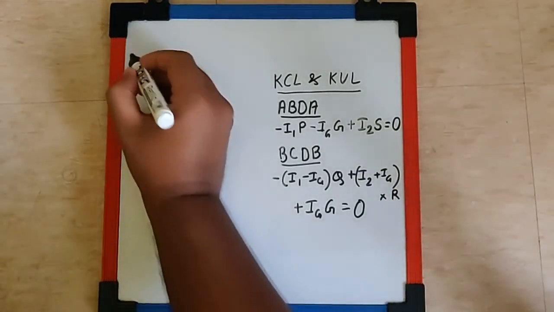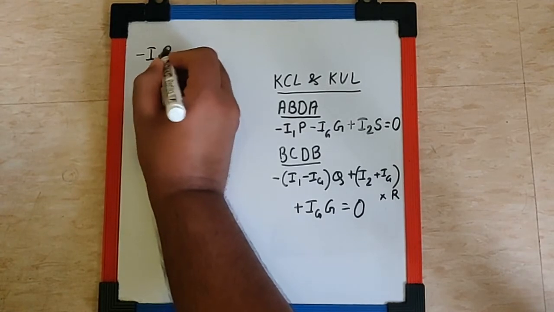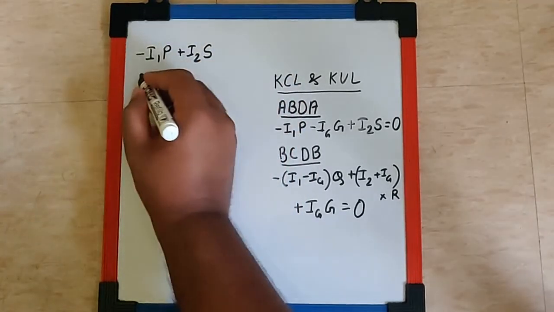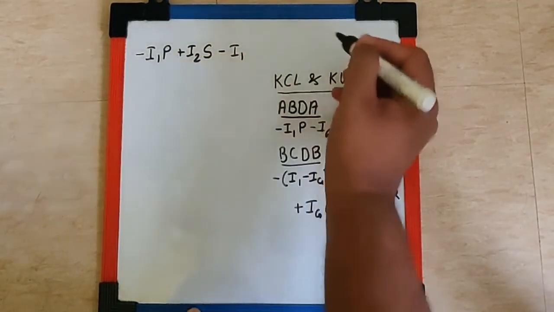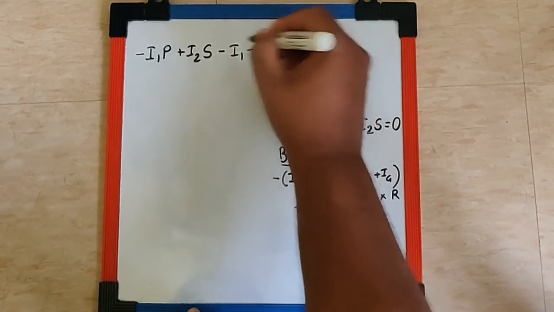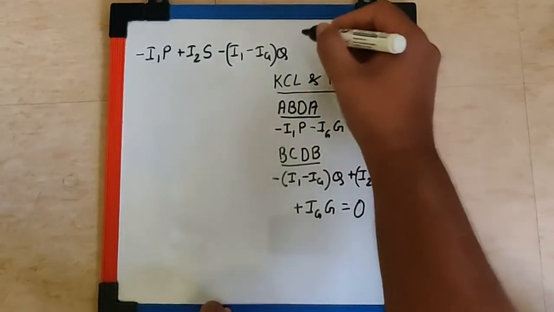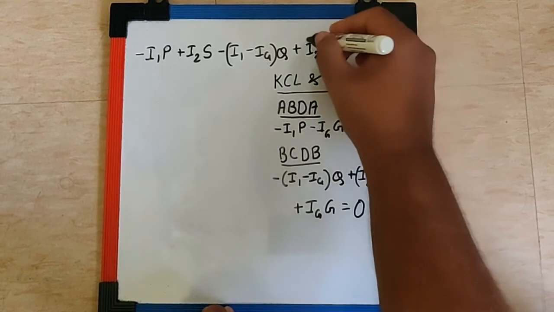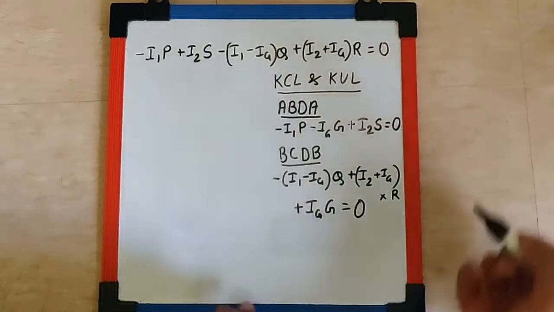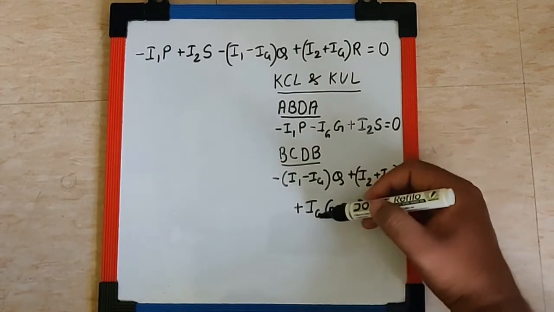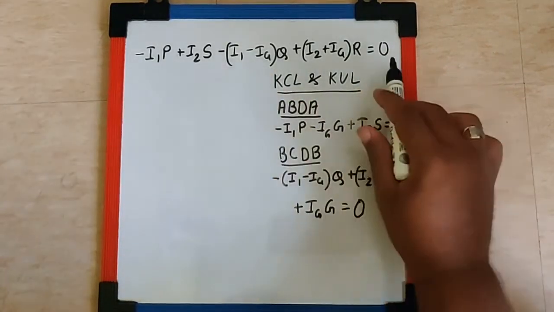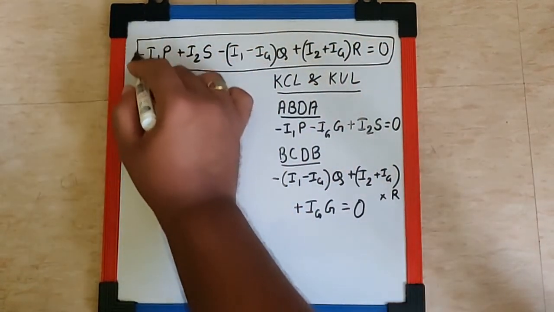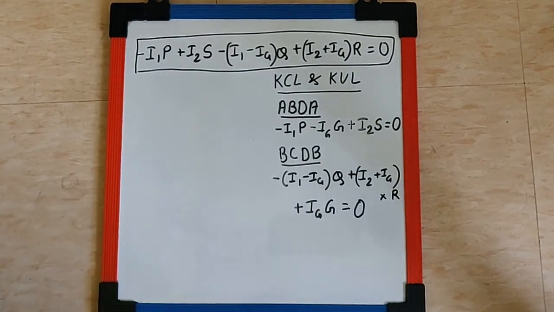We get minus I1P plus I2S minus (I1 minus IG) into Q plus (I2 plus IG) into R equal to 0. So basically these two parts get cancelled and the remaining parts remain in the equation. Now this equation we can definitely use to solve any numerical related to the Wheatstone network.